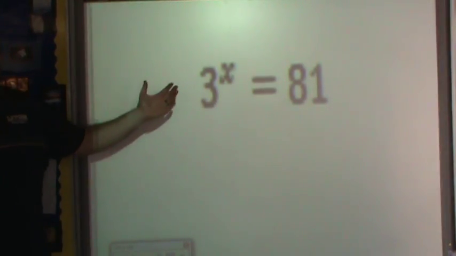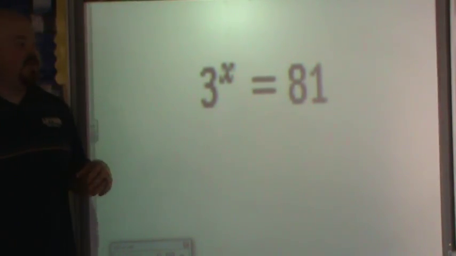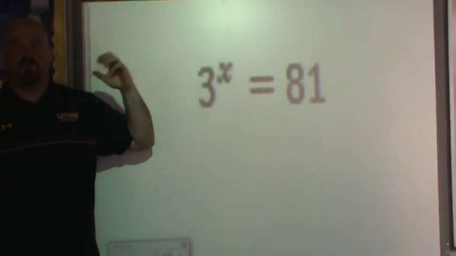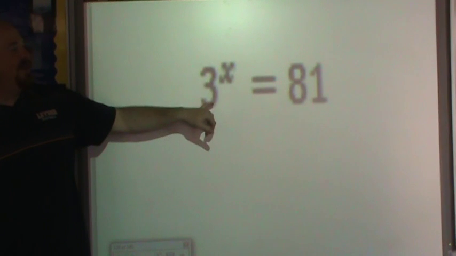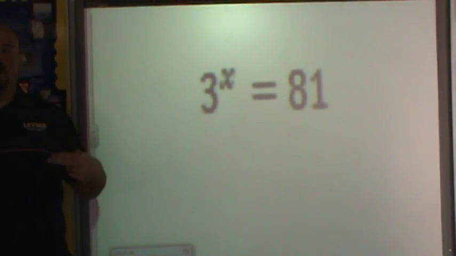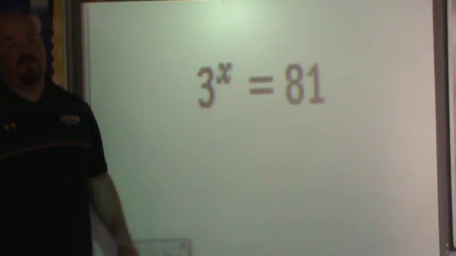So we needed a function, and they decided this in the 16th century, to be able to solve for x. A very classic problem, 16th century Germany. They looked at this and said, we've got to be able to solve for that. How do we undo the fact that there is a variable in the exponent?